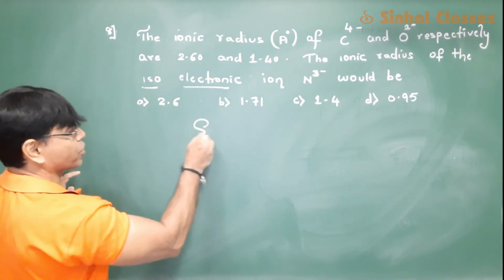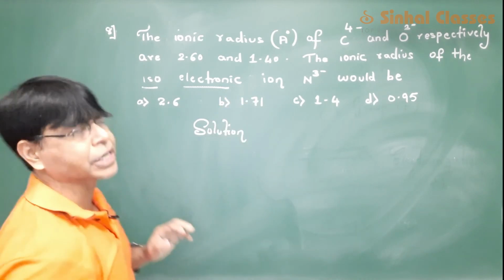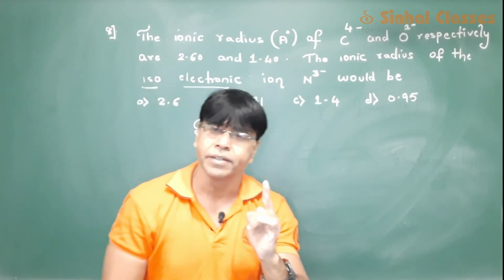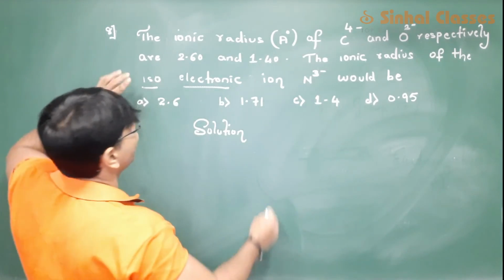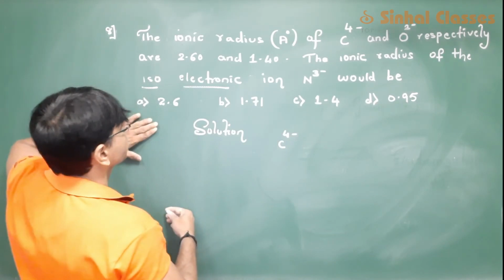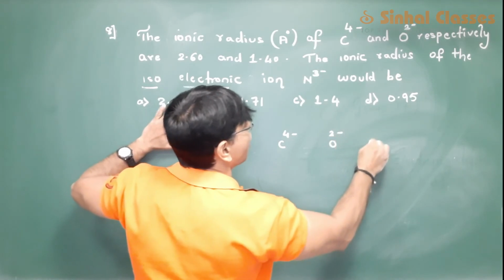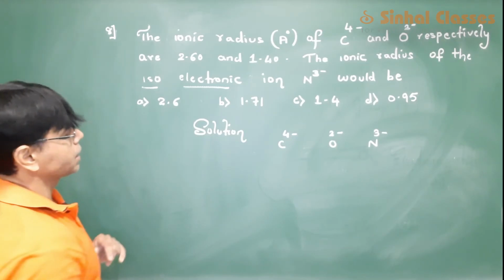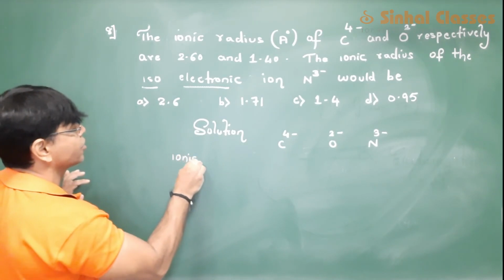Now this is a very simple question. See, all three of them are isoelectronic, and I have told you what is isoelectronic? Having the same number of electrons. So you have C4 minus, O2 minus and now N3 minus. They have given you the ionic radius.